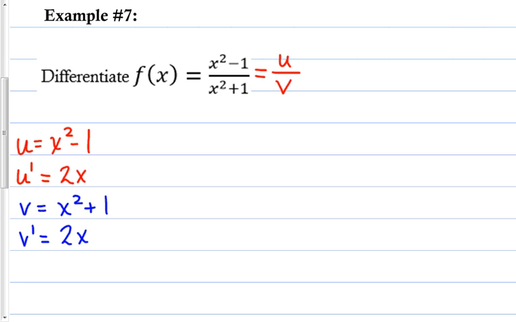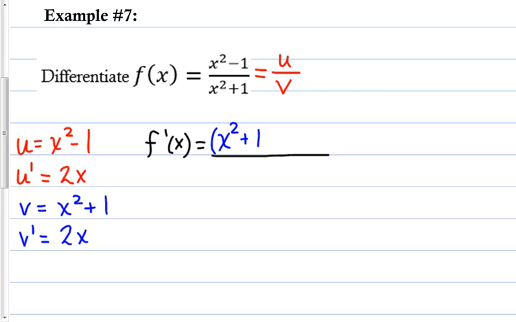So now I'm going to find my derivative. F prime of x equals. Okay, so low, that's the bottom part, x squared plus 1.